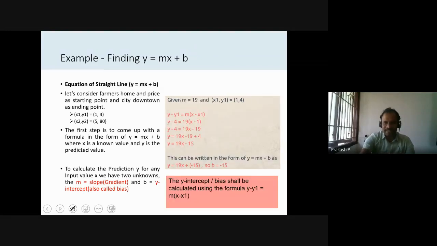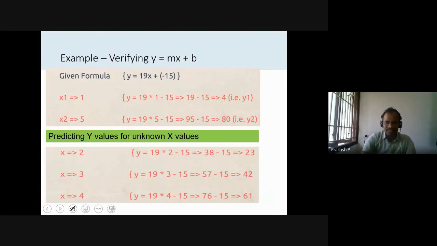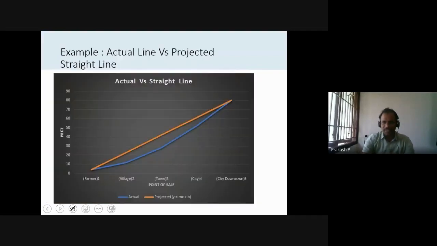Then by applying the 19, we are able to find the b. So you may get a line equation y equals 19x minus 15. Then you can apply the x values 1, 5, 2, 3, 4, and get 4, 8, 23, 42, 61.